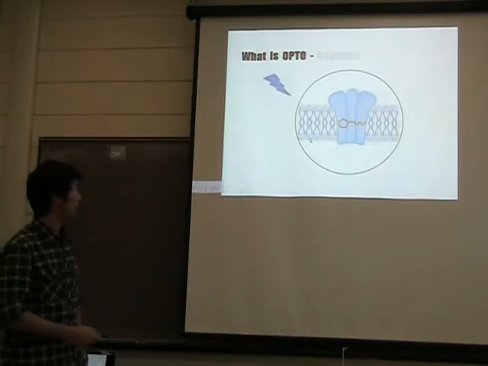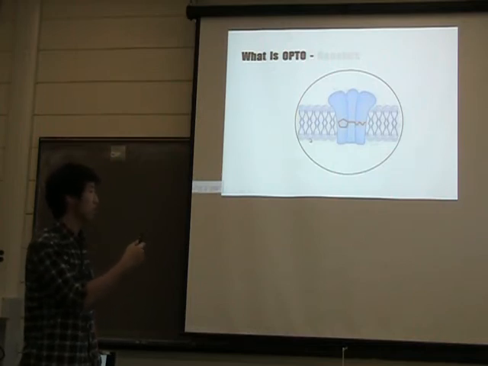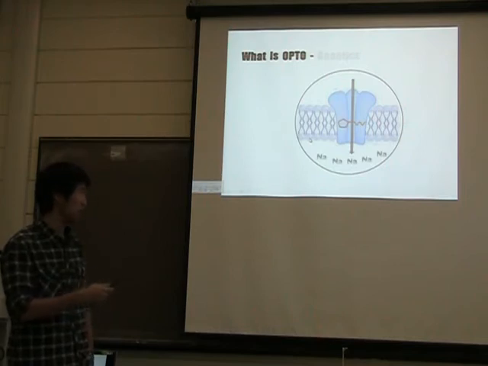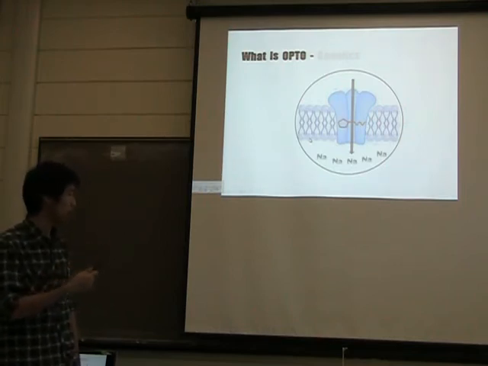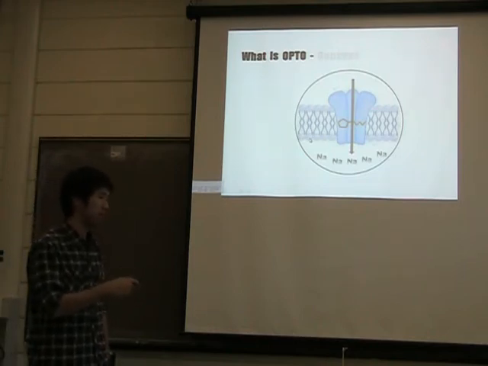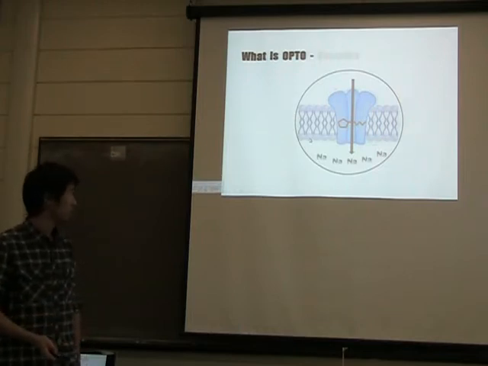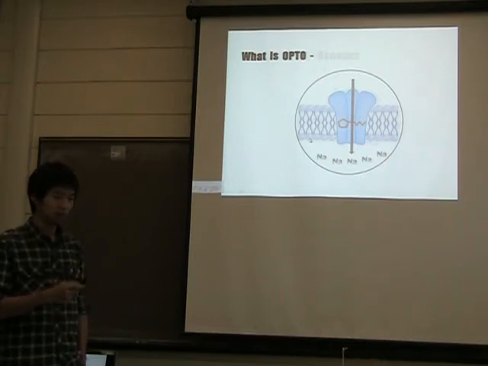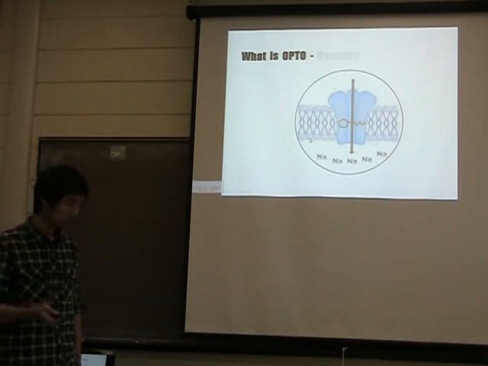When there's blue light, the conformation of this channel will change, and some cations like sodium go through the channel into the cell. This triggers the firing of the cell and makes the algae run off from the light. It is very similar to the process in mammalian neural behavior.